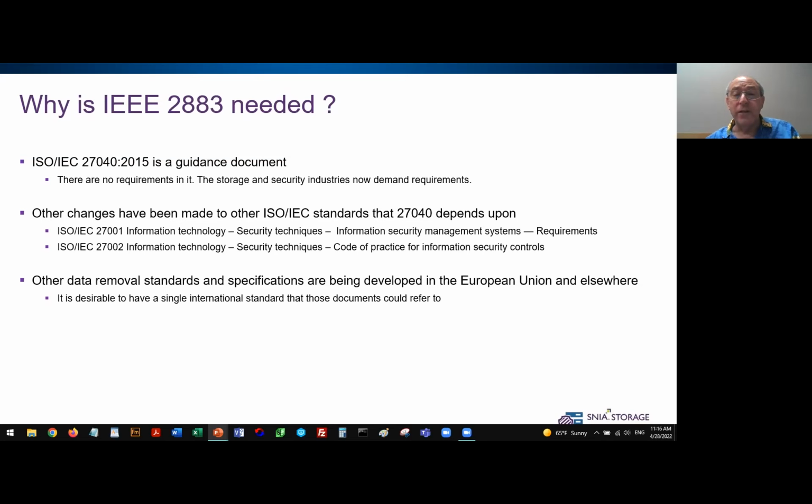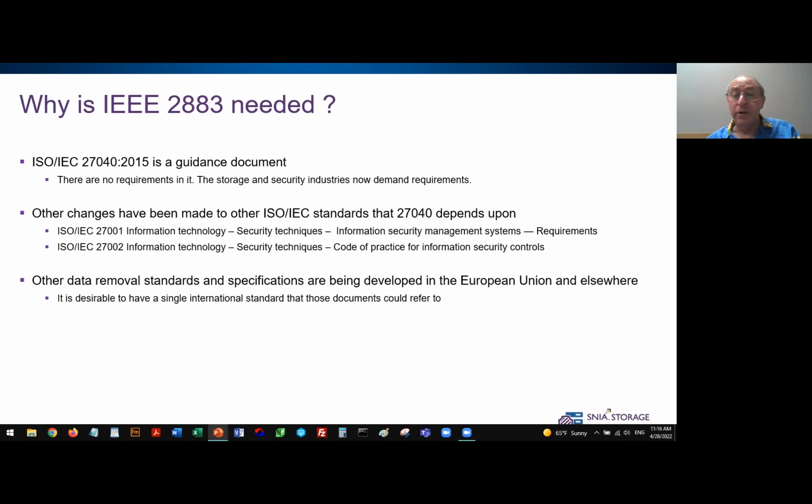Other ISO IEC standards are changing as we speak, due to be published mid-2022. In particular, 27001. A lot of organizations have been certified for this.